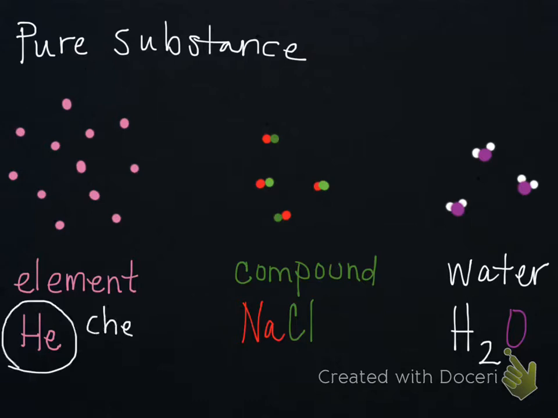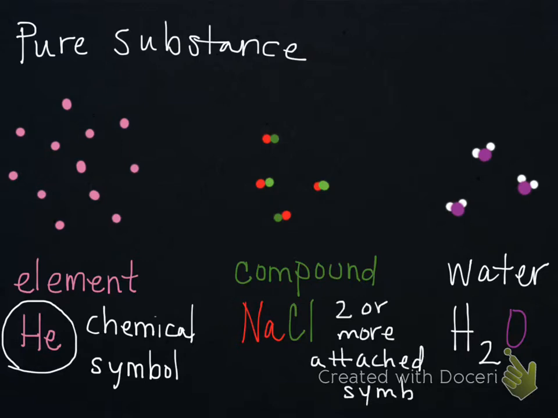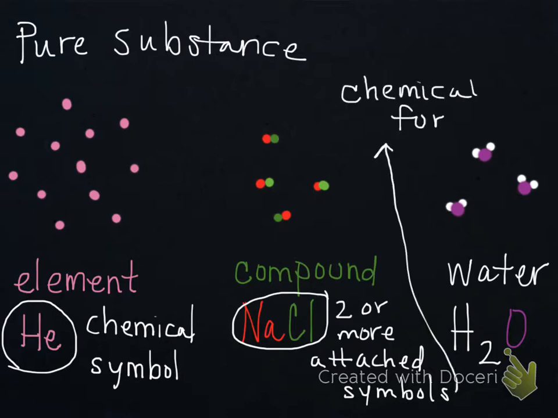Another way to know that it's a compound instead of an element, well, remember we talked about elements. Elements have what's called a chemical symbol. And this chemical symbol has one capital letter, and sometimes it will have one or two lowercase letters with it. And we know that each element has a unique symbol. Well, if you have two or more chemical symbols attached to each other, you would know that because you would have two or more capital letters, such as the N and the C. Then, if that's the case, you have a chemical formula.